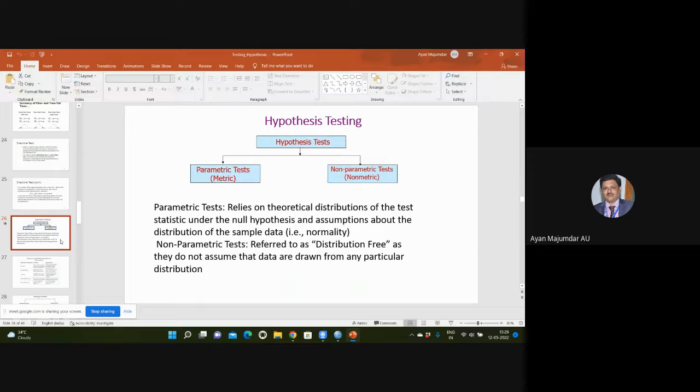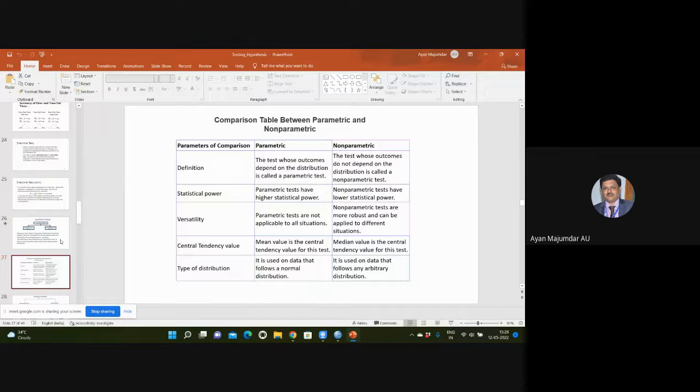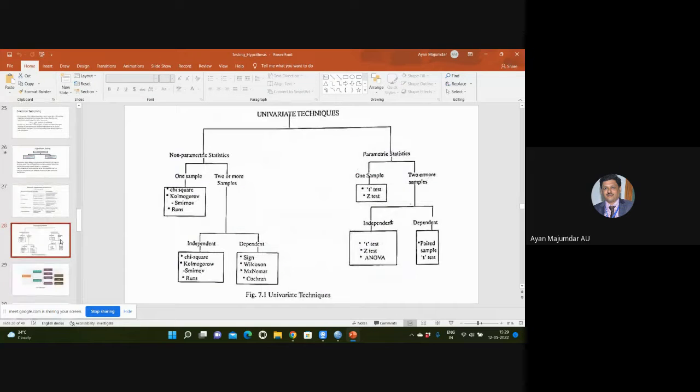We do not assume that the data is drawn from any particular type of distribution. So this is the basic difference. For parametric tests, the normality condition is assumed, and for non-parametric, it can be any type of distribution.